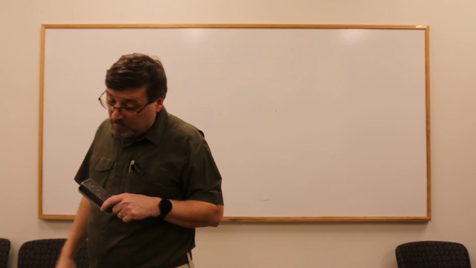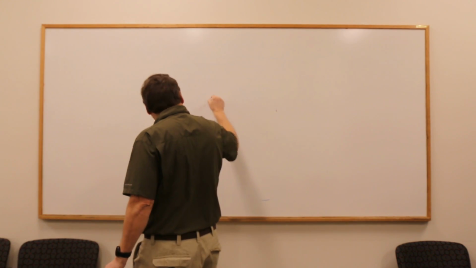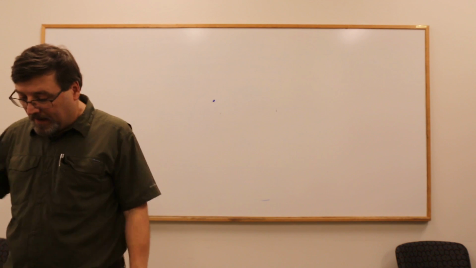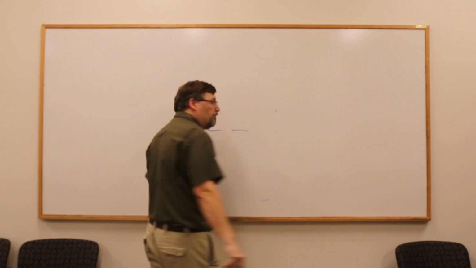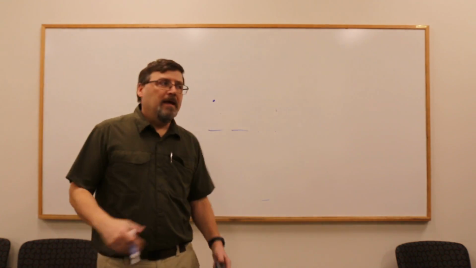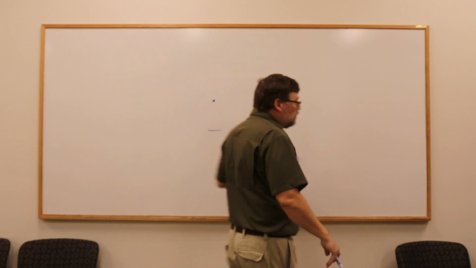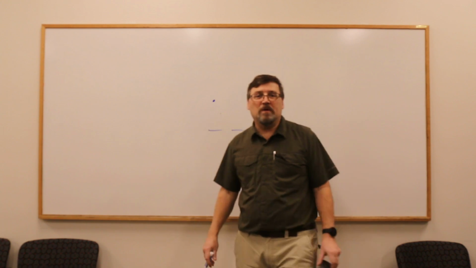So an E is a dot, and a Z is a dash, dash, dot, dot. The values were selected based on the frequency.